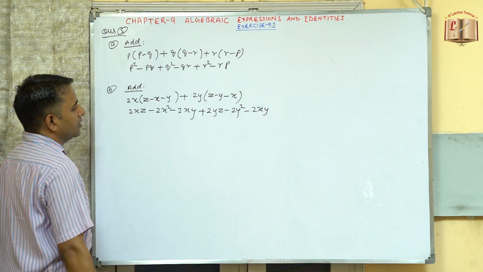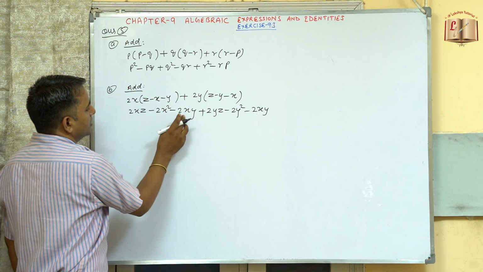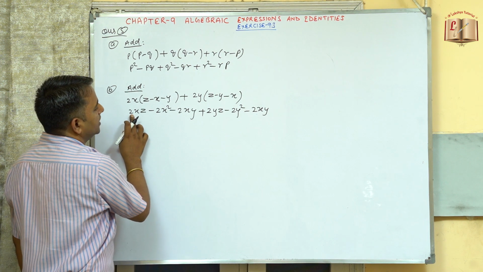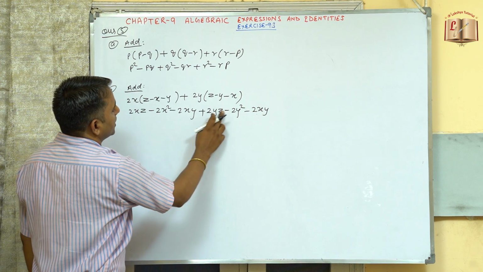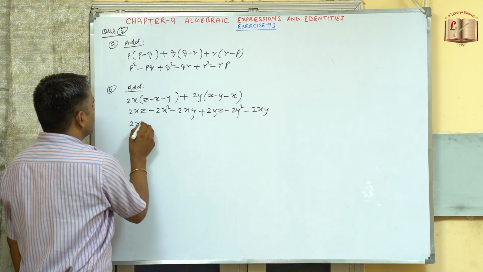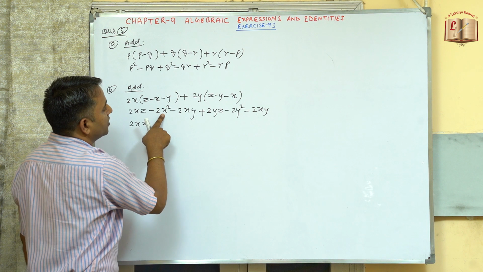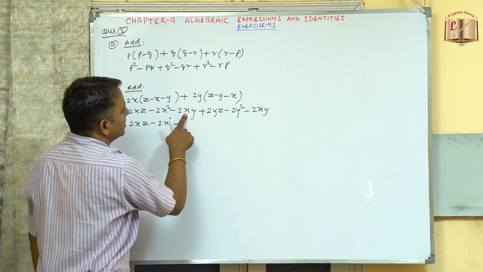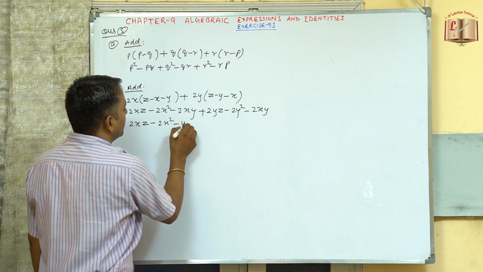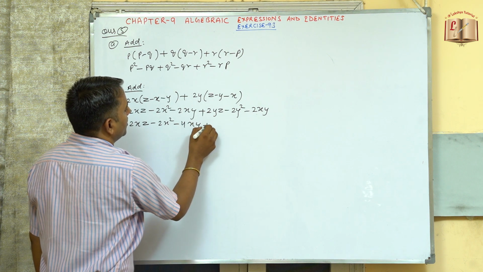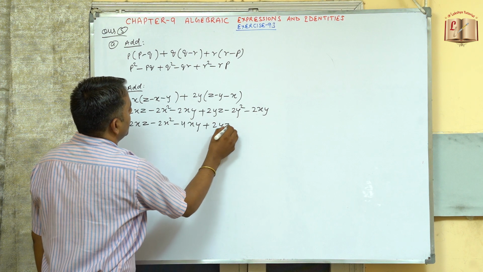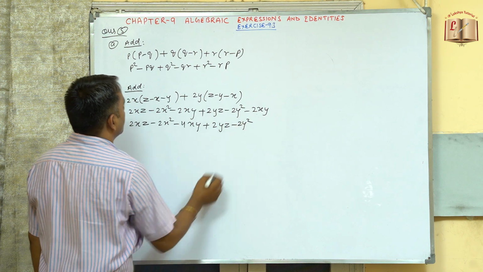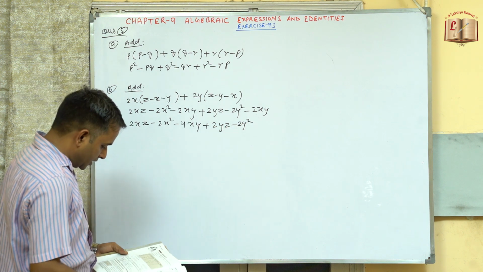Now like terms will be added up. So this is 2xz and any other xz? No. So this will be 2xz as it is, minus 2x square as it is, minus 2y square, and xy and xy, so this will be minus 4xy, plus 2yz as it is, minus 2y square. So this is the answer for us.